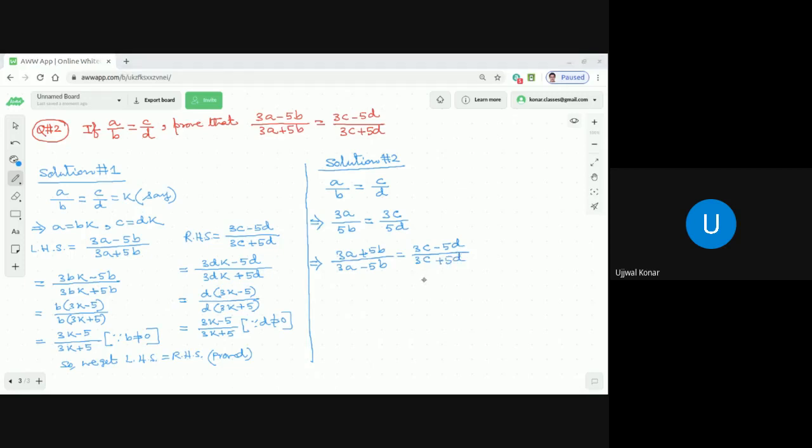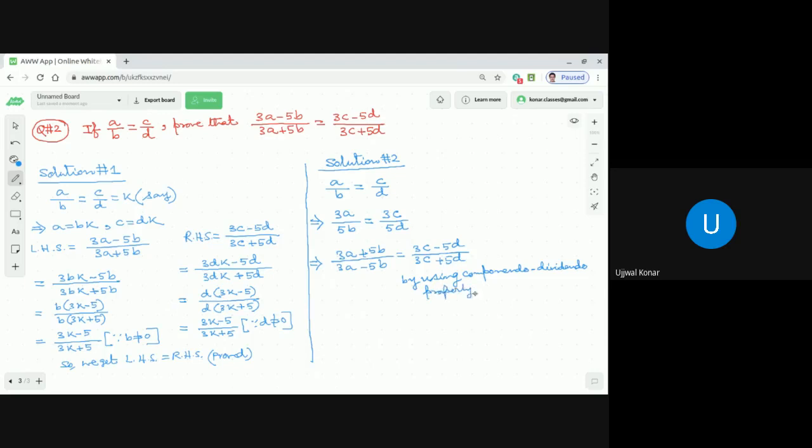And you can write this by using the componendo-dividendo property.